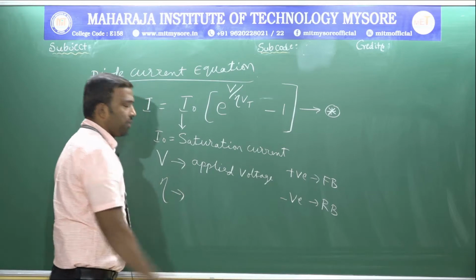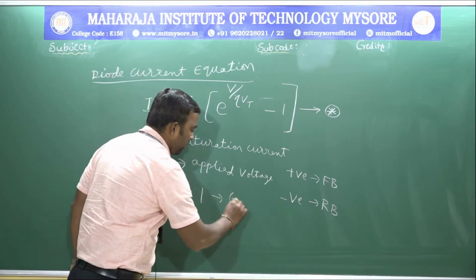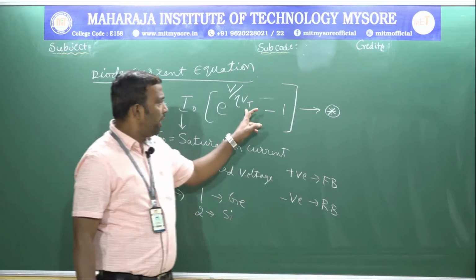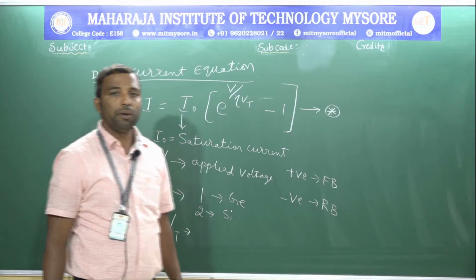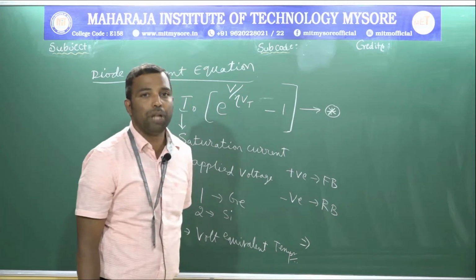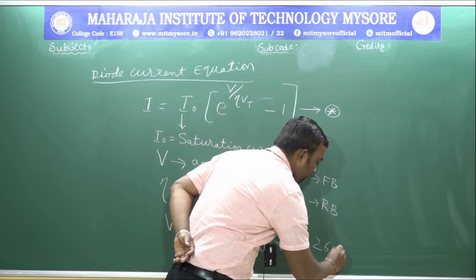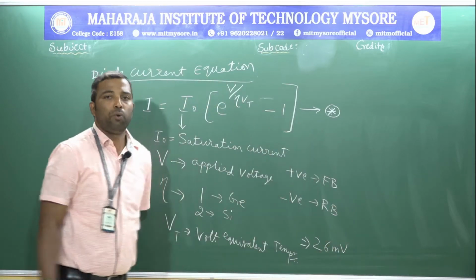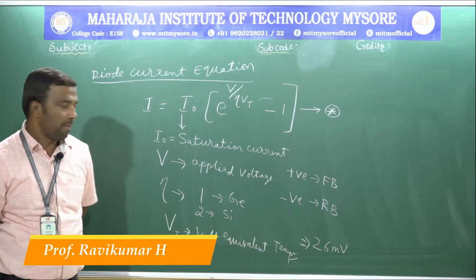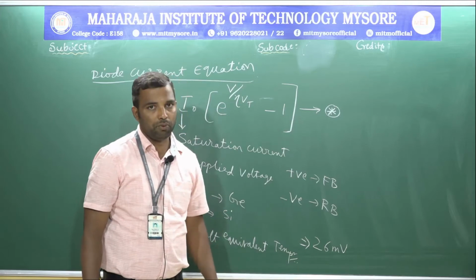Eta is a constant, 1 for germanium and 2 for silicon. Vt is the volt equivalent of temperature. Approximately at room temperature, at T equal to 27 degrees centigrade, this value Vt is equal to 26 millivolts.